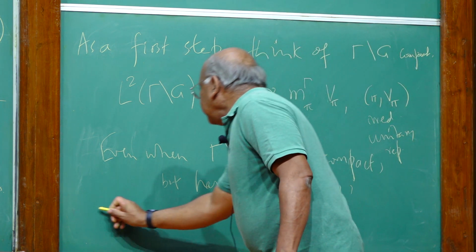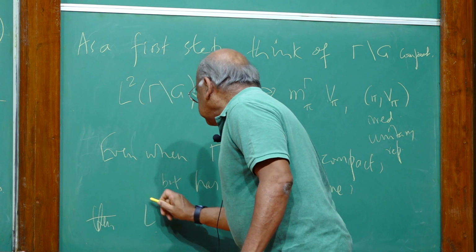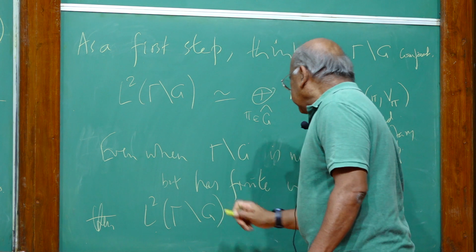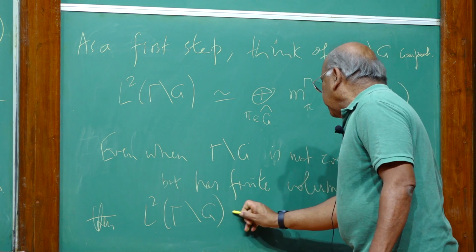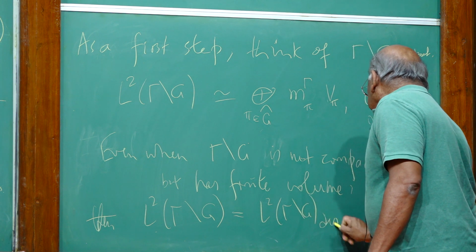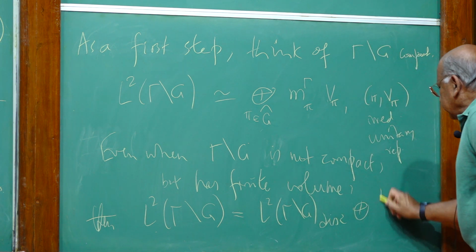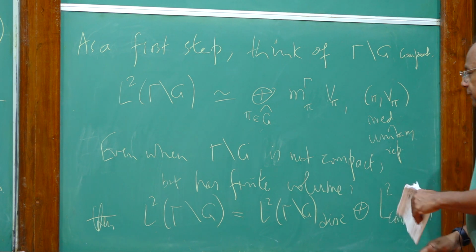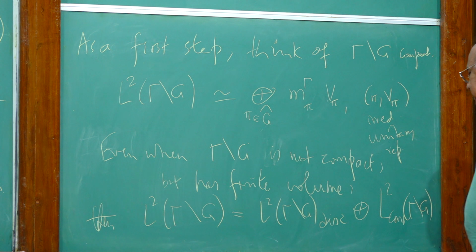So with finite volume, we know that L2 of G mod gamma, what I would be interested in, has a discrete part and a continuous part, which was analyzed very deeply in Langlands' book on Eisenstein series.